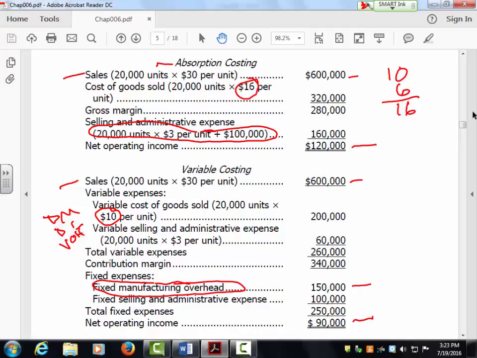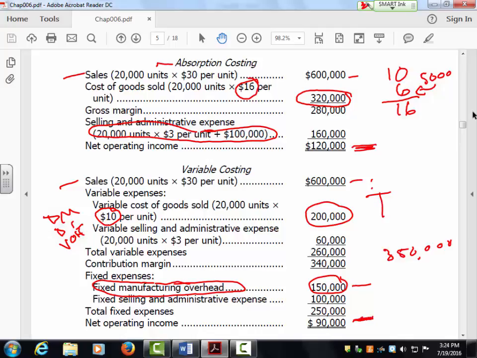So what's happening is we're getting 200,000 plus the 150, or a total of 350,000, as opposed to 320,000 hitting the income statement because 5,000 units at $6 of that fixed overhead gets stored in finished goods and doesn't hit the income statement. So therefore we have 320 versus 350. That's the difference of this $30,000.